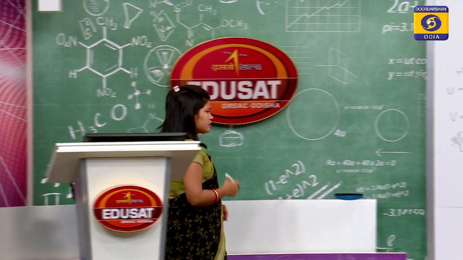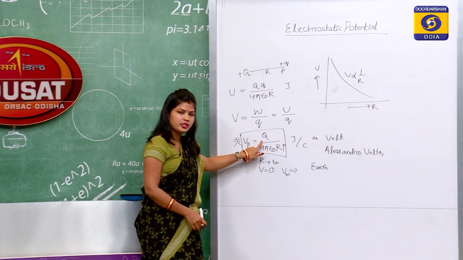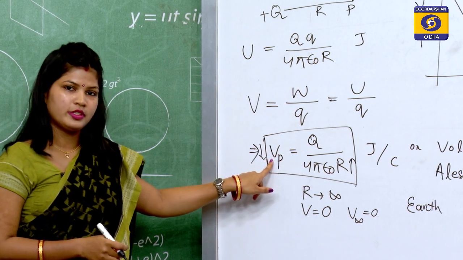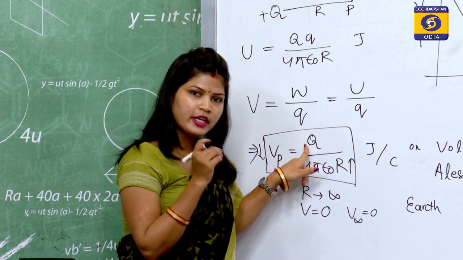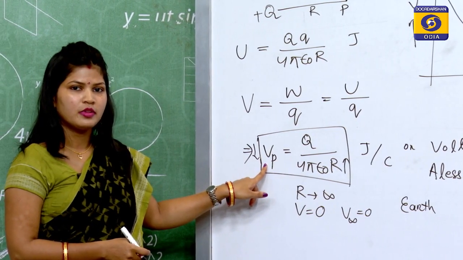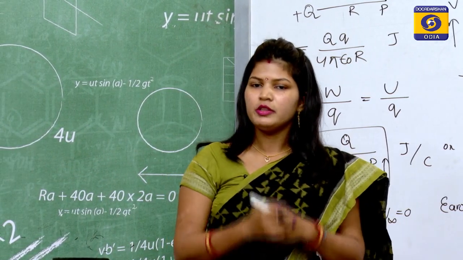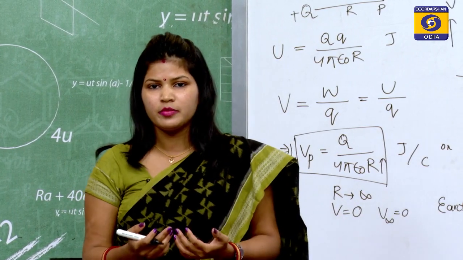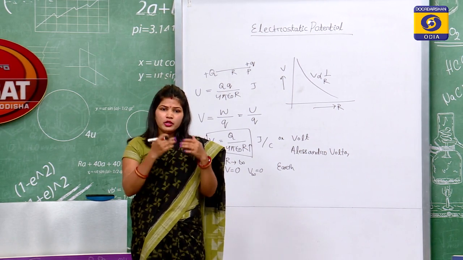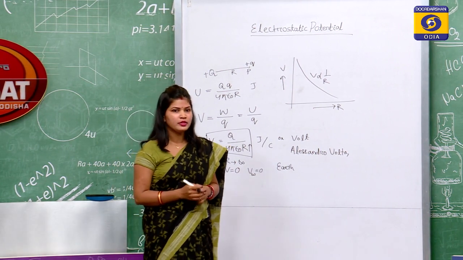So, students, if the charge q is positive, then the potential is positive everywhere in space. If the charge q is negative, the potential is negative everywhere. So, near the positive charges the potential is positive, near the negative charges potential is negative. So, electric potential can be negative also, and when you are very far away, then the potential is 0.